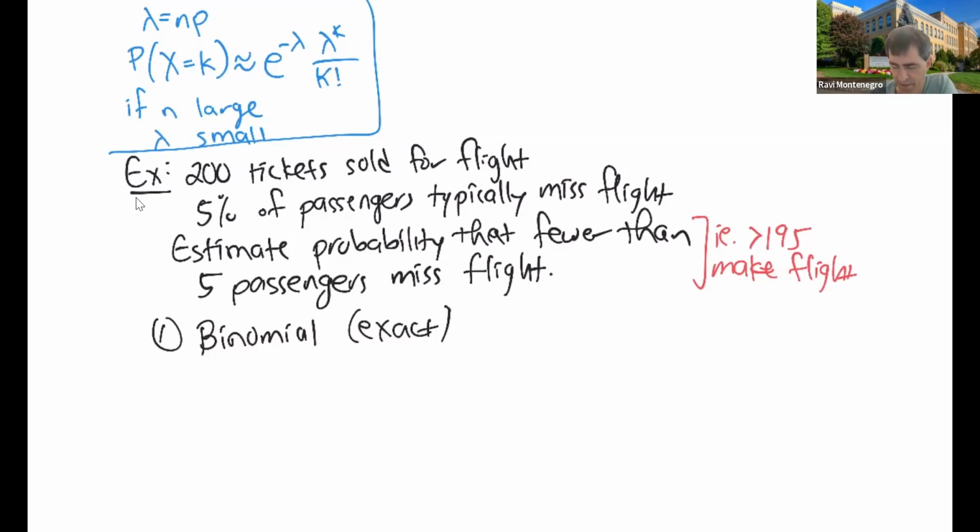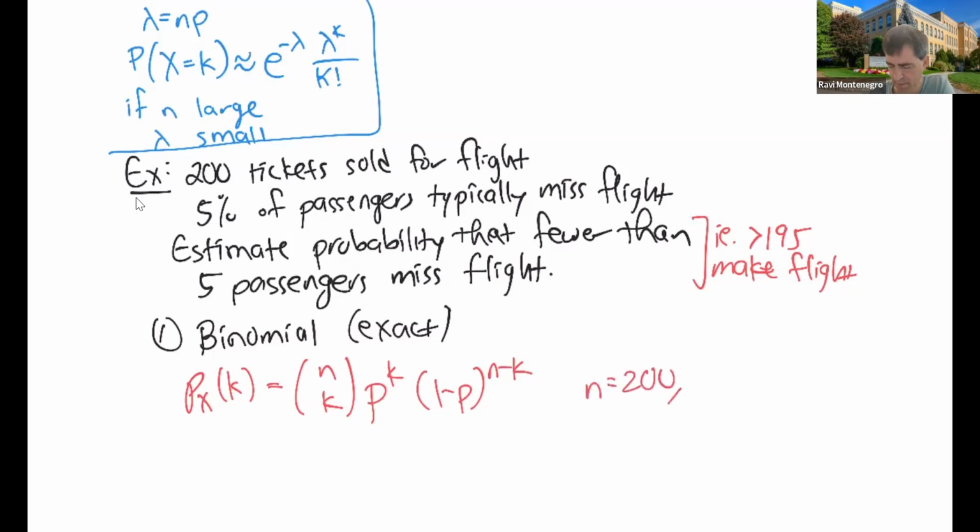So we've seen this one before, the binomial distribution is n choose k, p to the k, 1 minus p to the n minus k. Here we have 200 tickets and a 5% chance of missing. The question says the probability fewer than 5 miss the flight. So that's the probability less than 5 successes, where in this case, success means they miss the flight, which I guess is successful for the airline and not for the passenger.